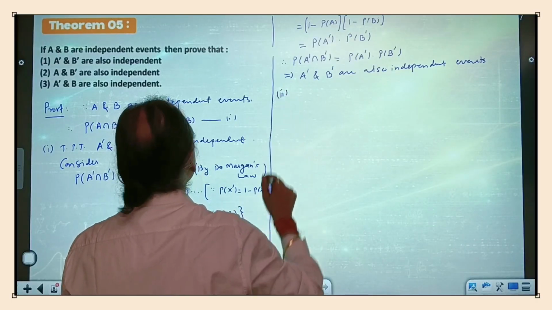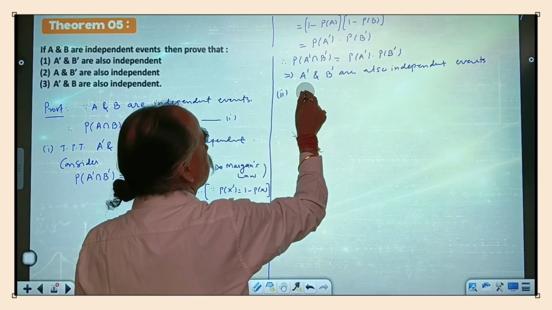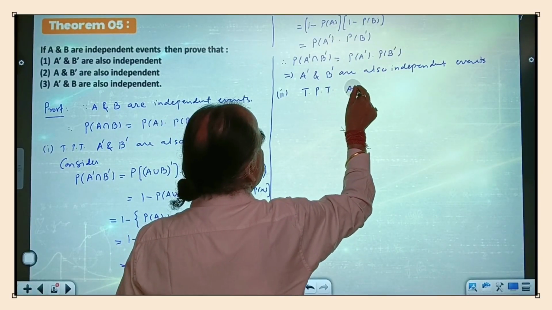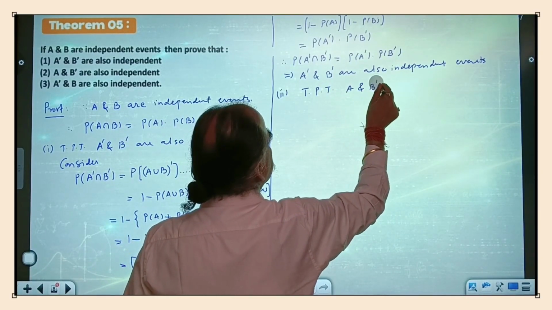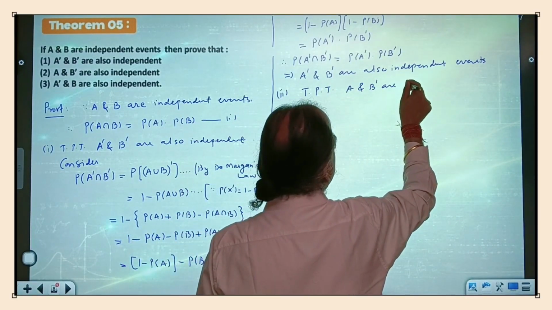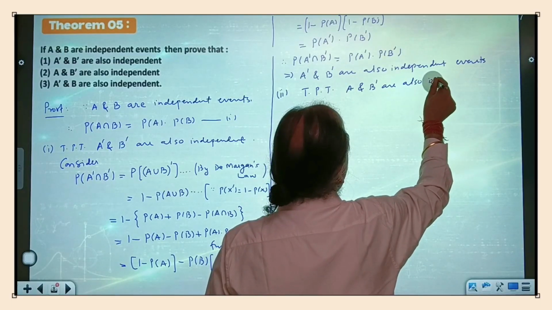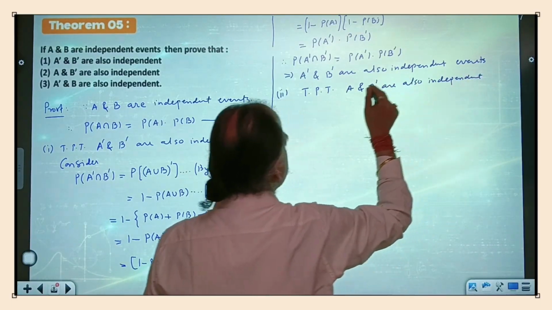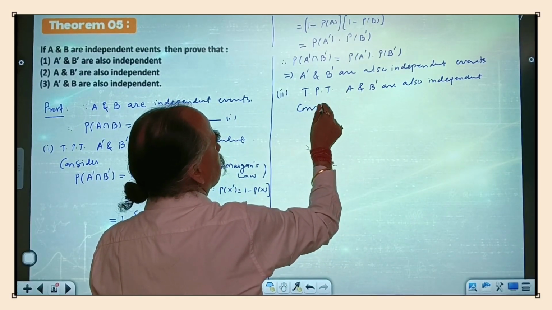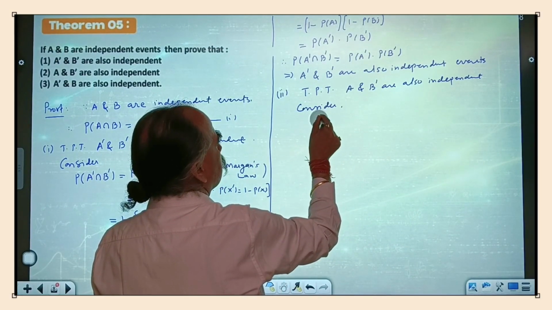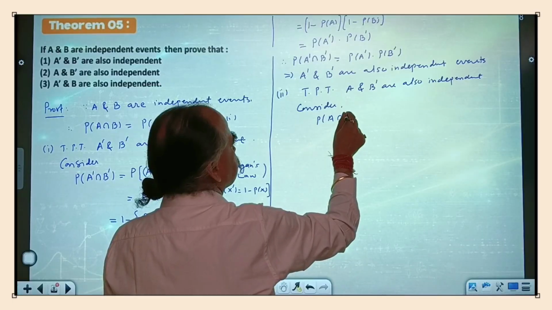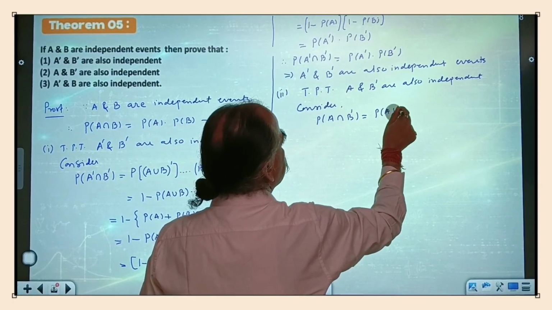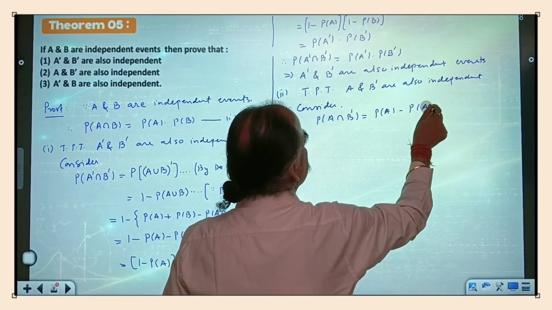Second part is what? To prove that A and B dash are also independent. Consider probability of A intersection B dash, which is P(A) minus P(A intersection B).